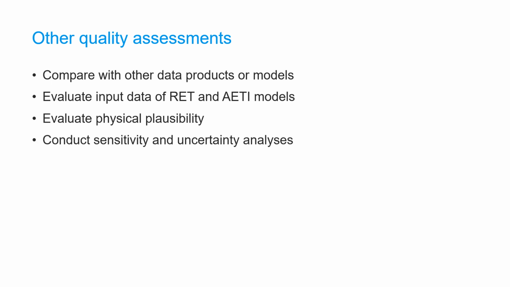A more computationally demanding approach is to conduct sensitivity and uncertainty analysis of the model that produces RET and AETI datasets. For this, access to the source code of the model is needed. However, we will not discuss in detail all these approaches but focus on validation.